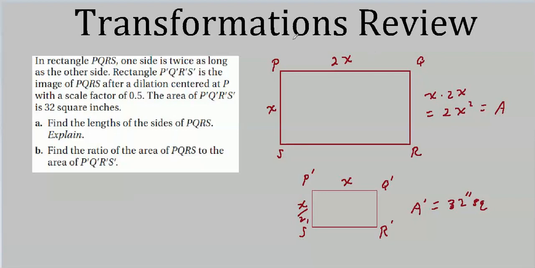They're maybe demonstrating something else. We'll see. This is 32 square inches, and what we have here is x over 2 times x, which is x squared over 2. Which makes sense, because that's exactly 1/4 of 2x squared, isn't it? So we're definitely on the right track.